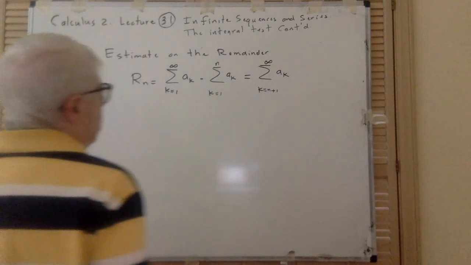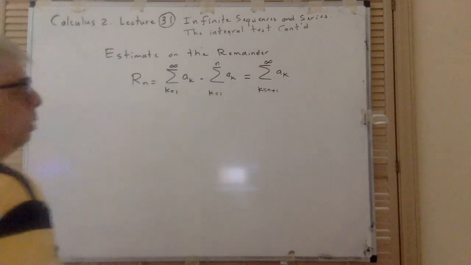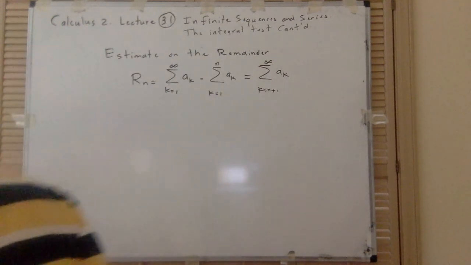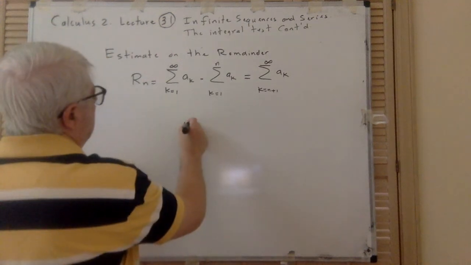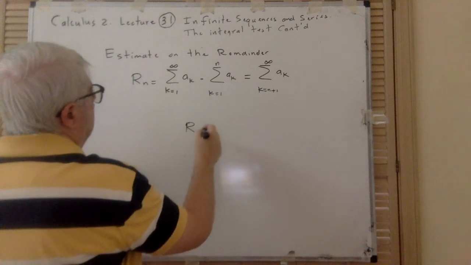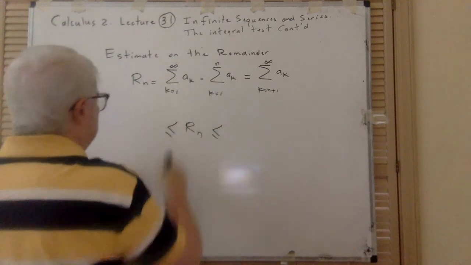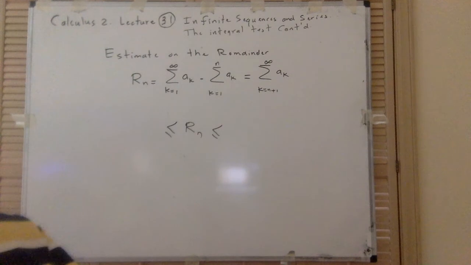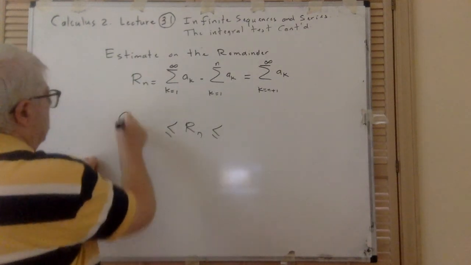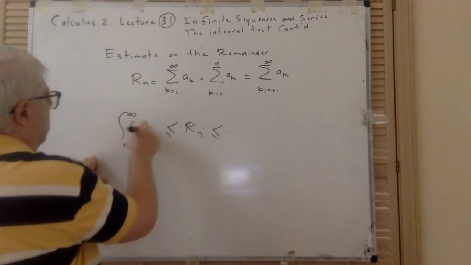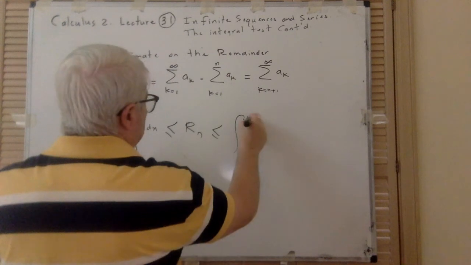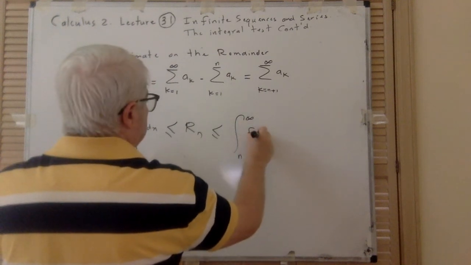So similar to what I did for a1, starting at a1, you can show that this remainder R_n is between two integrals: one is from n plus 1 to infinity on this side, and on this side it is from n to infinity of f(x) dx.